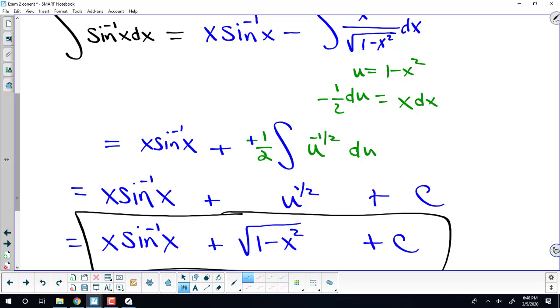Same for inverse tangent and inverse cotangent. Inverse secant, inverse cosecant is just the negative of that.